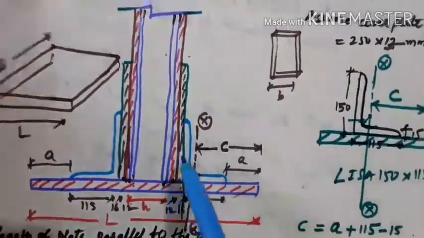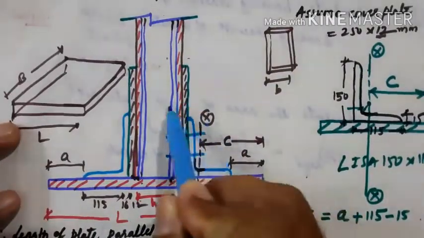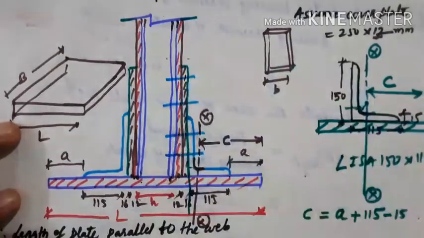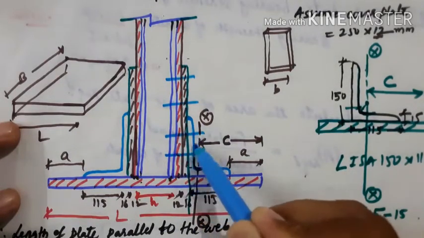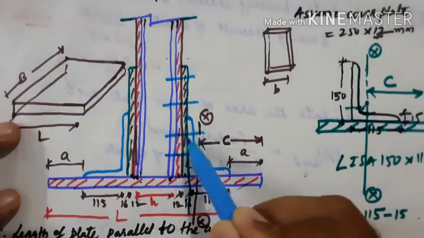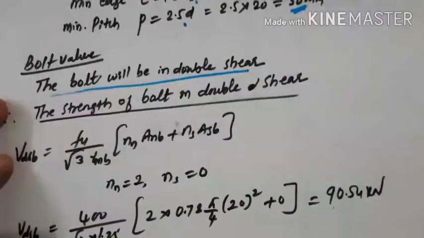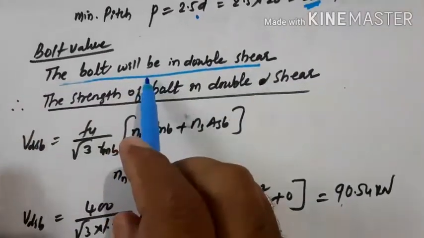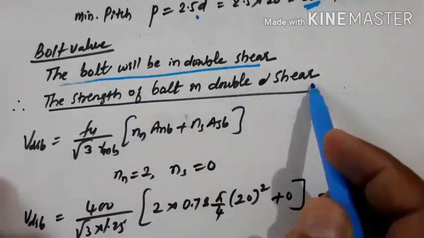When we provide bolts here like this, the bolt will be under double shear, so it will fail in double shear for the gusseted base.